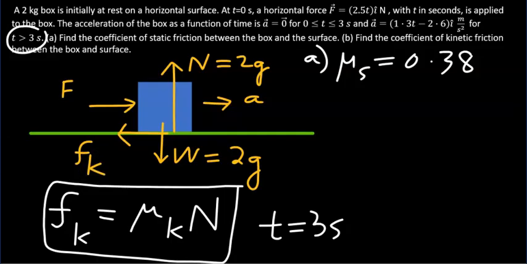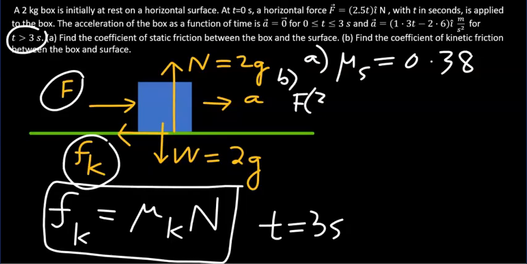And let's analyze Newton's equation of motion. The forward force is F at t equals 3 seconds. The backward force is the kinetic friction. So the net force is F at 3 seconds minus kinetic friction, and that equals mass times acceleration at t equals 3 seconds.